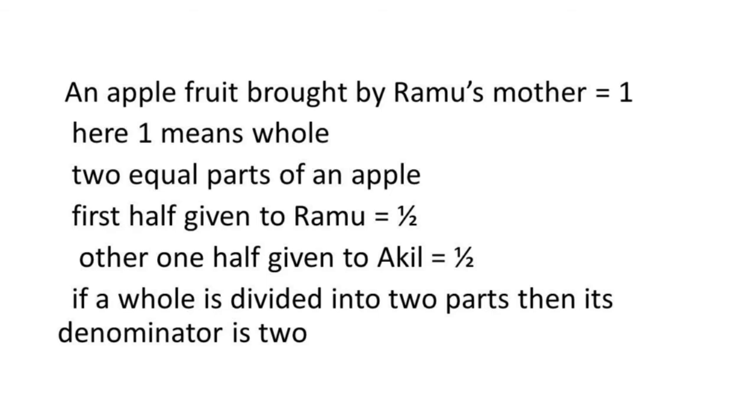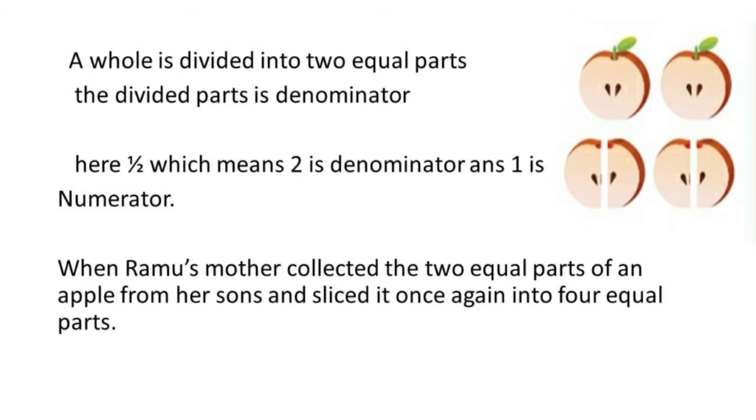So one apple, that is one whole, is divided into 2 equal parts. The divided parts is the denominator. Here in 1 by 2, 2 is the denominator and 1 is the numerator.